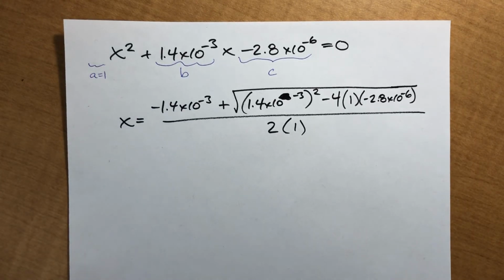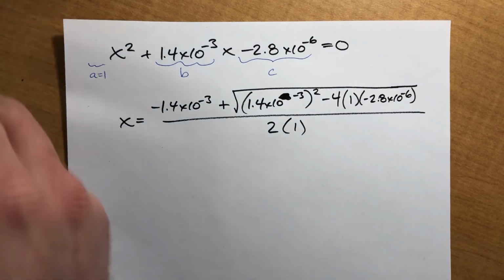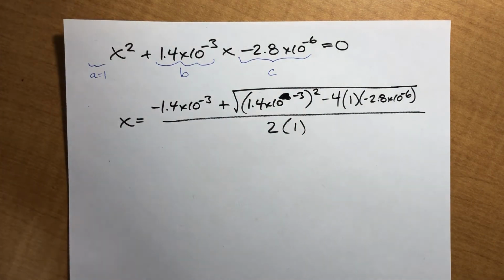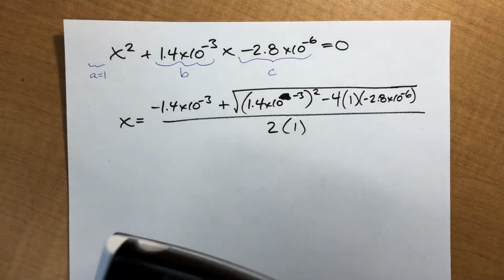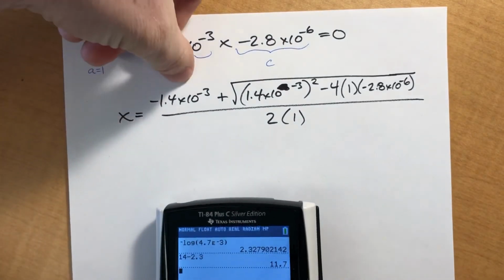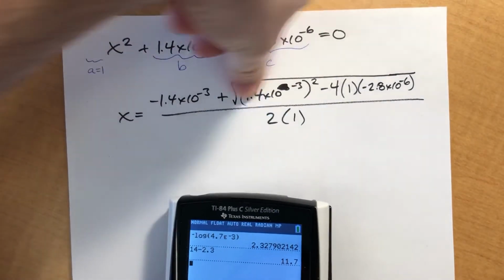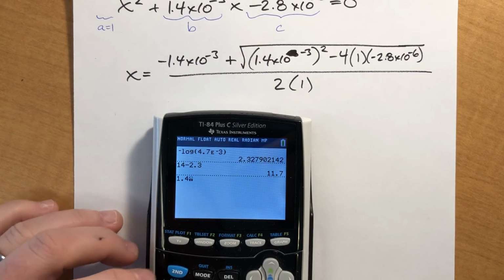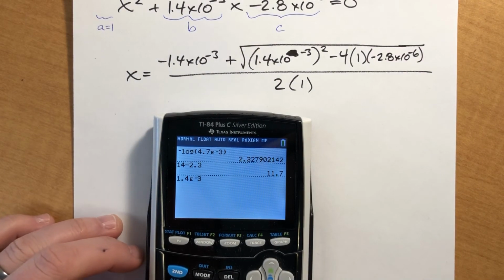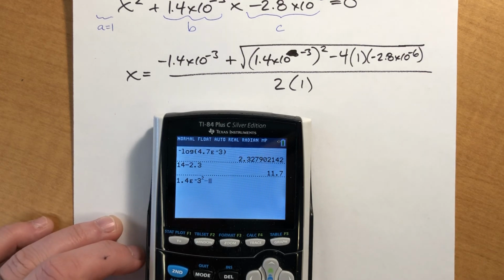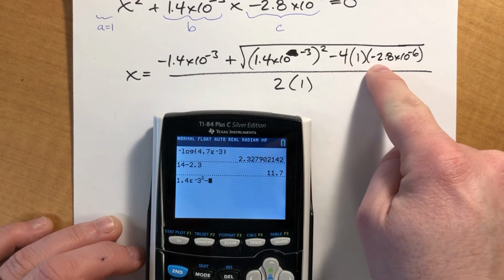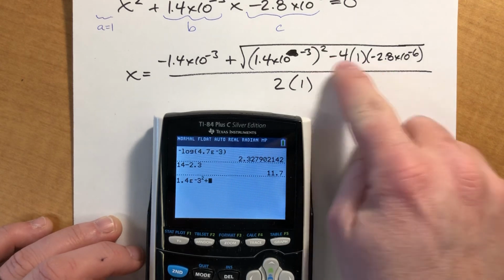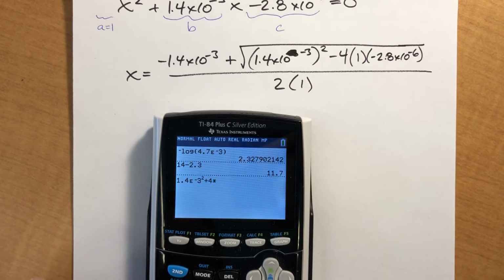Okay, so now we need to type all this in a calculator. Because we're subtracting this off, I'm going to do this stuff first. So, 1.4 e to the negative third squared minus, well, actually it's minus times the negative, so I'm going to make it plus, because the negatives will cancel out, plus 4 times 2.8 e to the minus 6th.